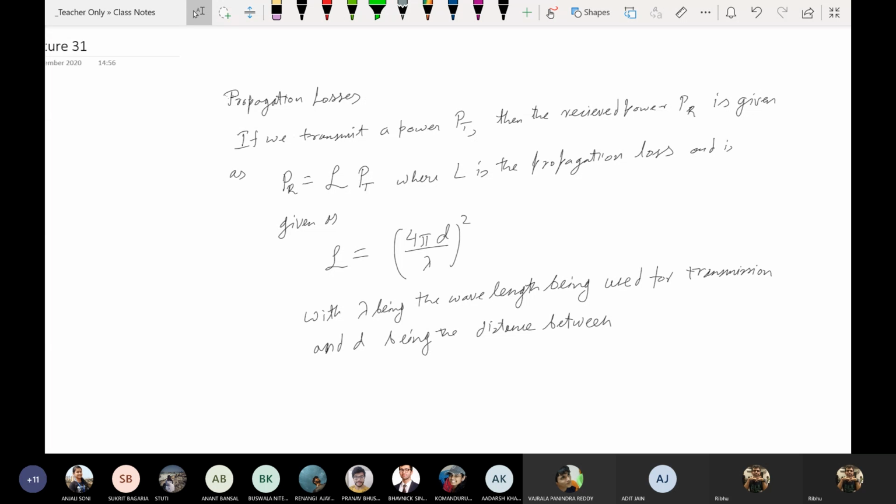Yeah, d being the distance between the transmitter and the receiver.